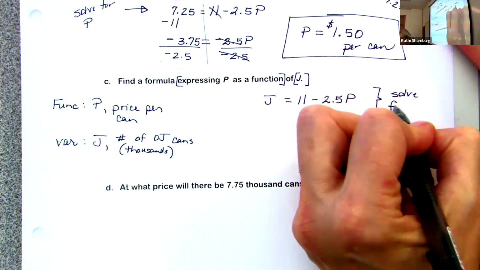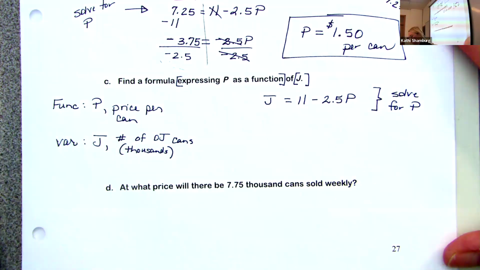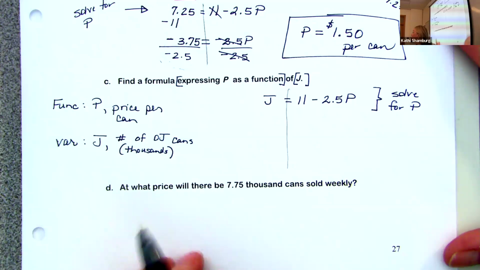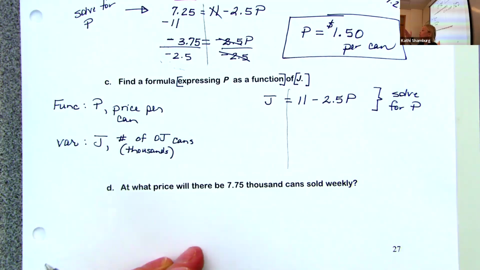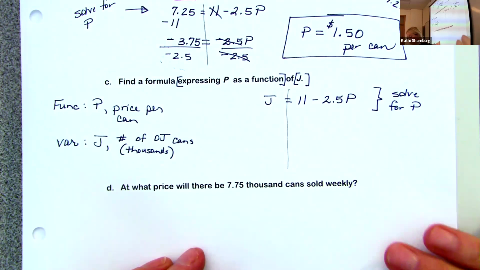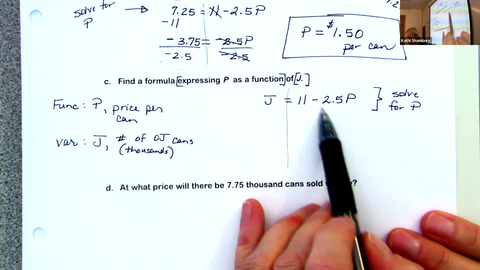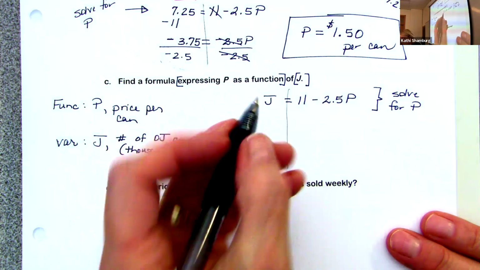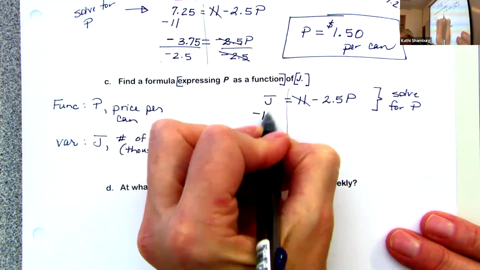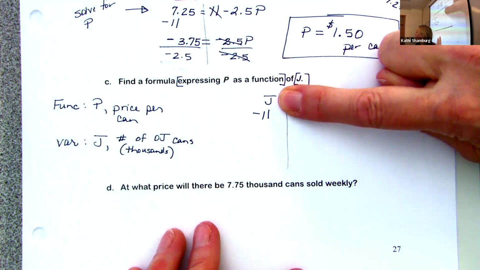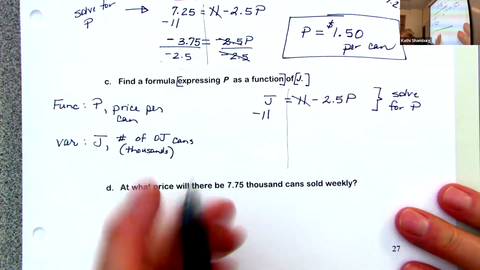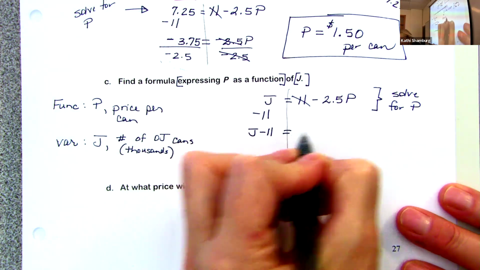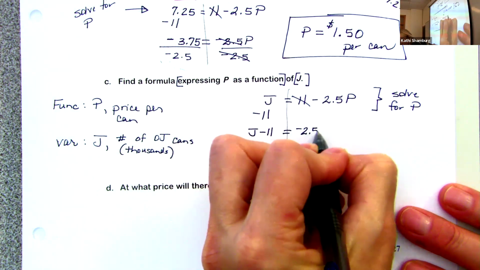And as you can tell, that's the theme of this unit in this section 2.3. All right, so if I want P by itself, we got to get rid of the 11. We did that above by subtracting 11, but the difference is now we don't have a value in for J. So J minus 11 equals -2.5P.